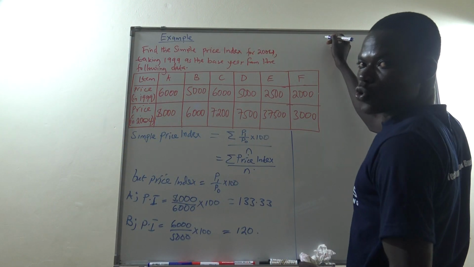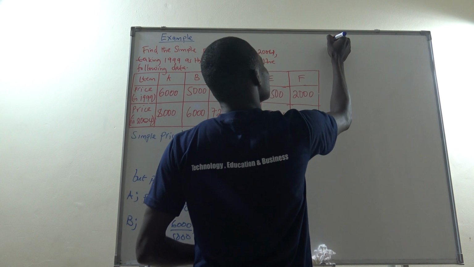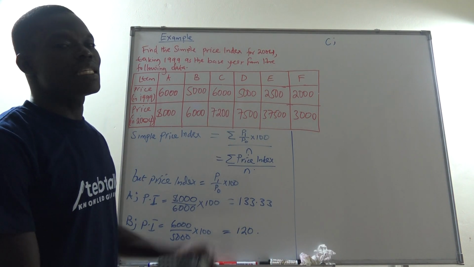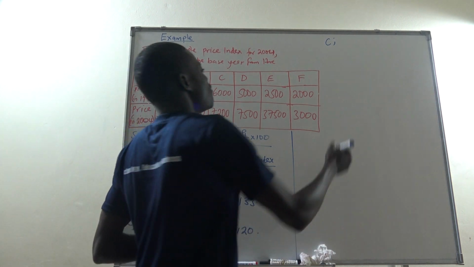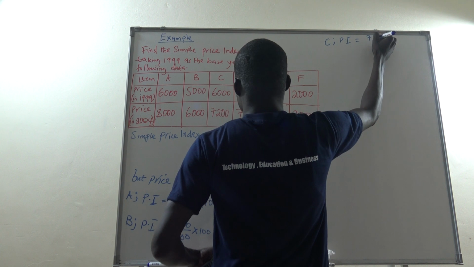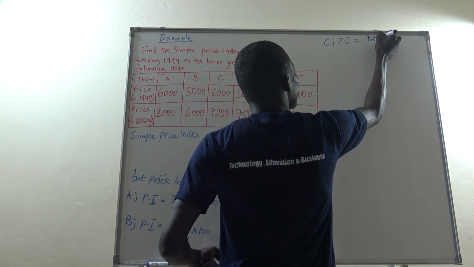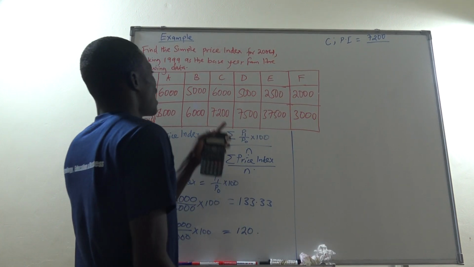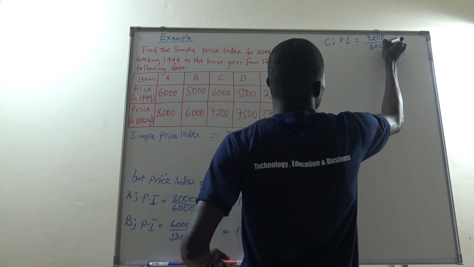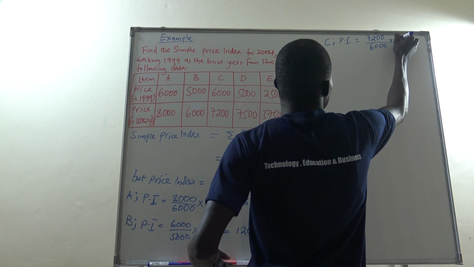Then we go to item C. Our price in the current year is 7,200, so our price index is 7,200 divided by our price in the base year, which is 6,000, times 100.